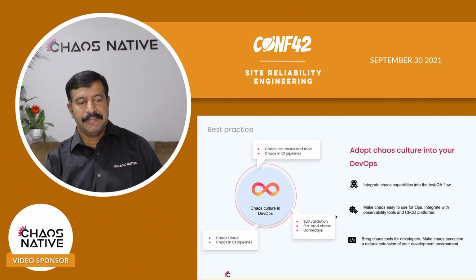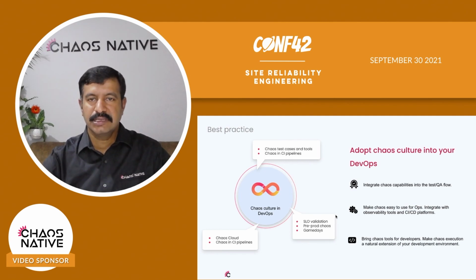And the best practice of chaos engineering is not just to do it only in ops, but try to introduce chaos as a culture into your entire DevOps. Of course, there will be some initial inertia from various segments of your DevOps.